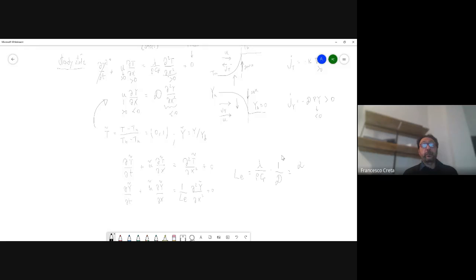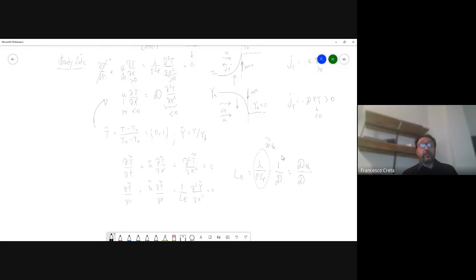So essentially it is the ratio of the thermal diffusivity to the mass diffusivity. So it measures essentially how efficient, okay, the diffusion of heat is compared to the diffusion of mass.